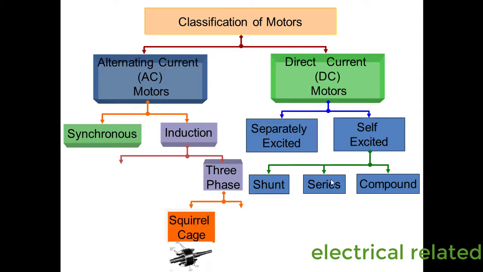The induction motor includes the three-phase induction motor and also the single-phase induction motor. If we talk about DC motors, as you can see, there are separately excited, self-excited, shunt, series and compound motors.